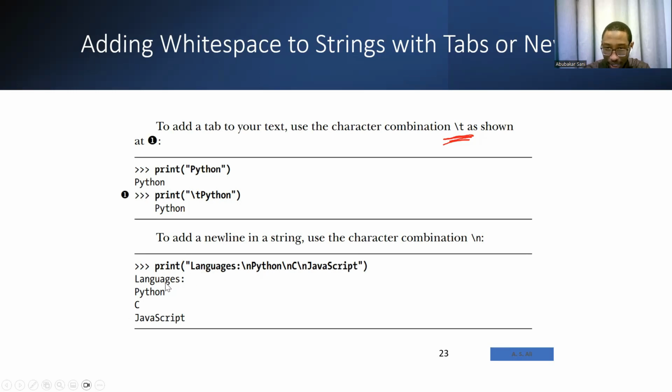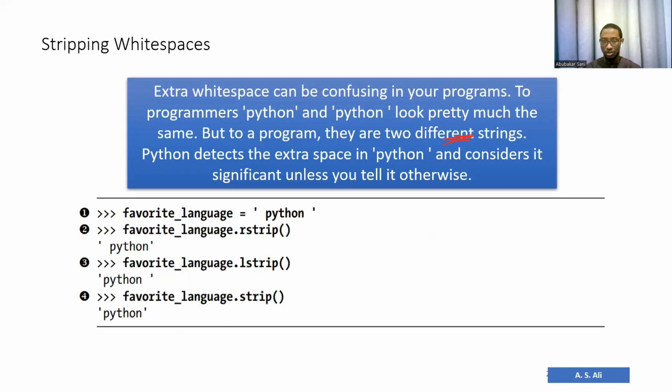So we printed languages first with the dot, then it goes to a new line and typed in Python, goes to a new line typed in C, goes to a new line typed in JavaScript, and printed this out because of using this \n. So it creates a new line for us. All right. So this is how this works.